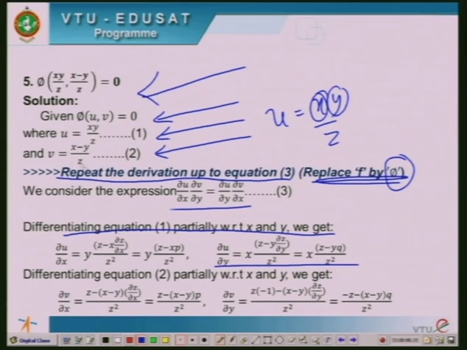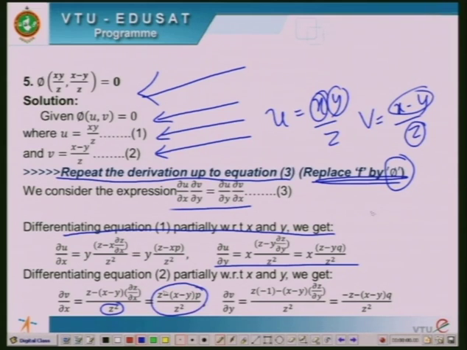Then, when we find dou v by dou x again, v is x minus y by z. So, you require quotient rule for both dou v by dou x as well as dou v by dou y. For dou v by dou x, first it is denominator square z square, then denominator z into differentiation of x minus y is 1 minus numerator x minus y into differentiation of the z is dou z by dou x, which will give you z minus of x minus y into p by z square.